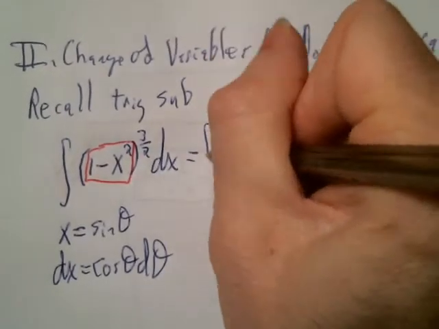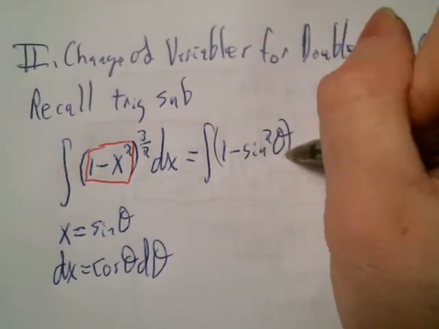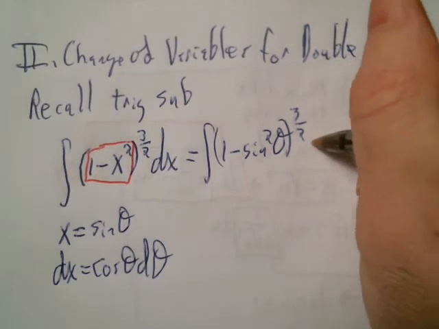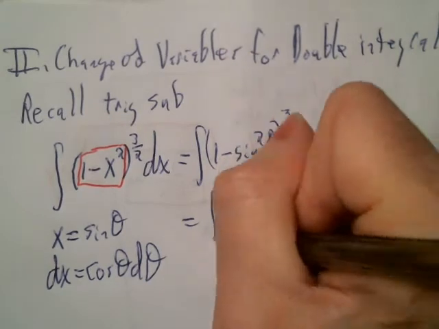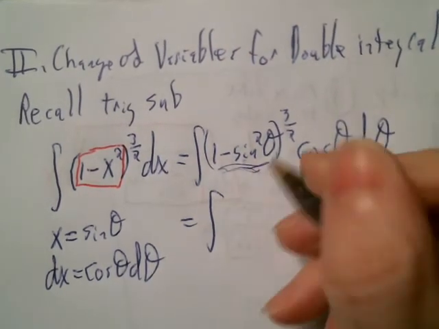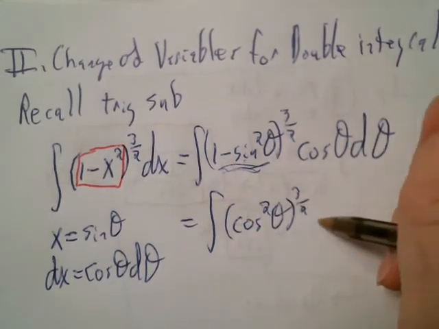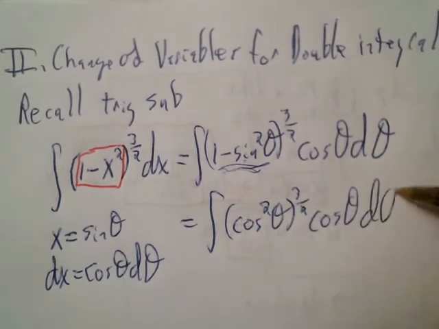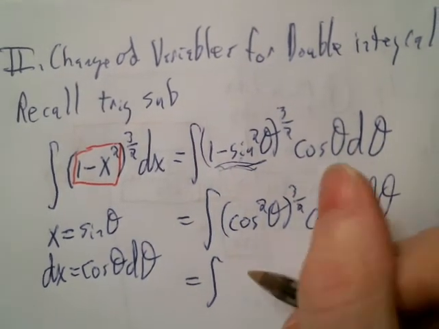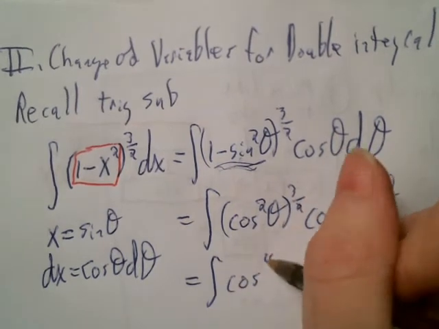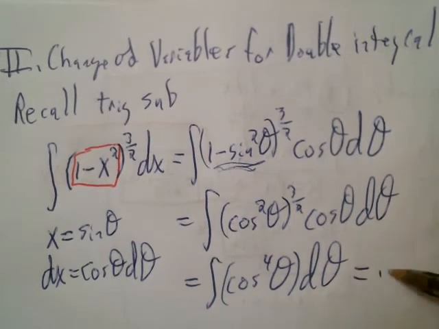This would be the integral of 1 minus sine squared theta to the 3/2 times dx, which is cosine theta d theta. This part here is cosine squared theta to the 3/2 times cosine theta d theta. Then this thing would be cosine cubed times cosine theta, which would be cosine to the 4th theta d theta, and so on and so forth.